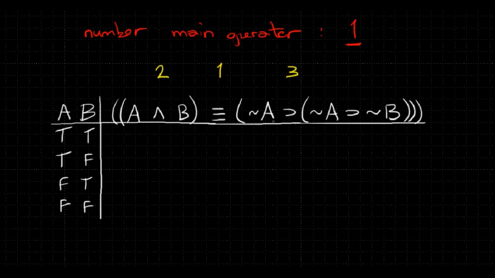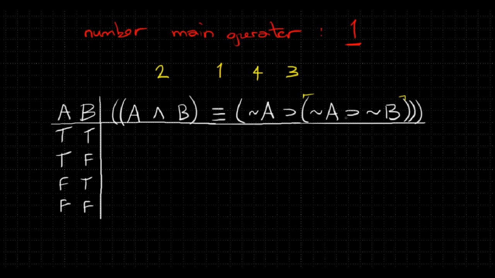Now here we've got negations. I'm going to treat negations as an operation for the purposes of this. Sometimes you can just not treat them as operation, just know that not A is going to be the reverse of these. But for now I'm going to treat them as an operation that we need to do. So in order to know the value of this bracket, we need to know the value of not A, so that's going to be 4, and we need to know the value of this bracket here, from here to here.